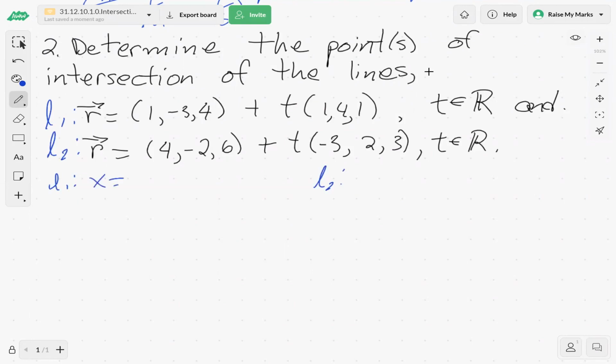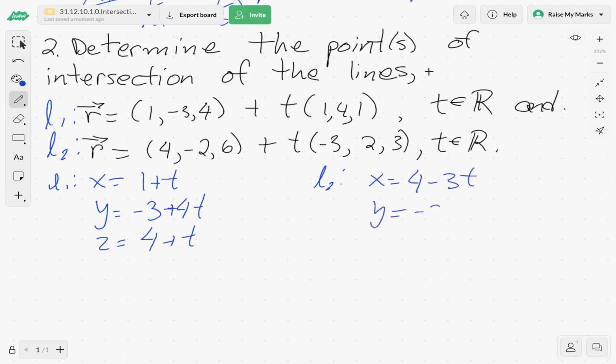For line 1, we have x equals 1 plus t, y equals negative 3 plus 4t, z equals 4 plus t. For line 2, we have x equals 4 minus 3t, y equals negative 2 plus 2t, and z equals 6 plus 3t.